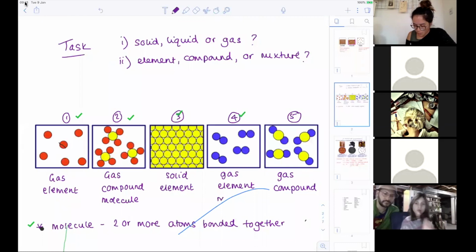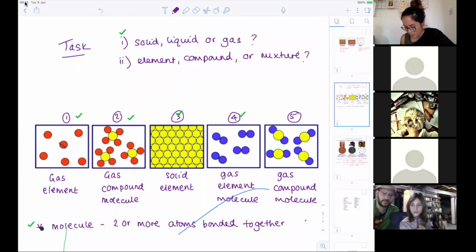Number 4 is a molecule. And number 5 is a molecule. But looking at number 4 and 5 closely, you can see that we have both an element and a compound example here, but that they are both molecules.